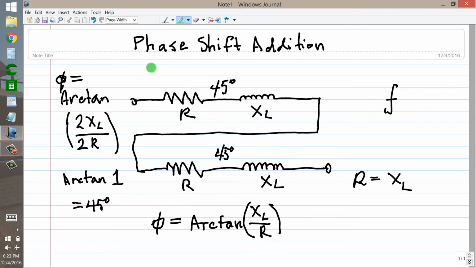Phase shifts do not simply add as resistances or inductive reactances do at a specific frequency. They don't add because the arctangent function is a nonlinear function.